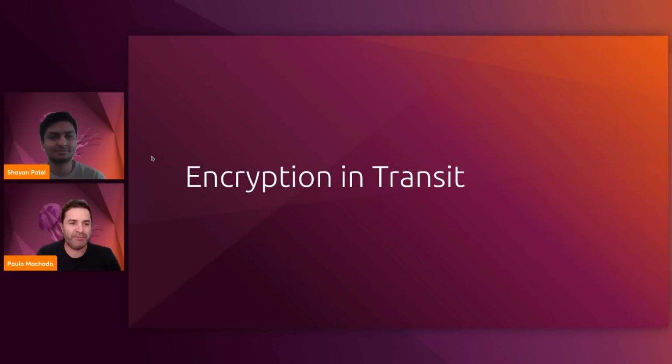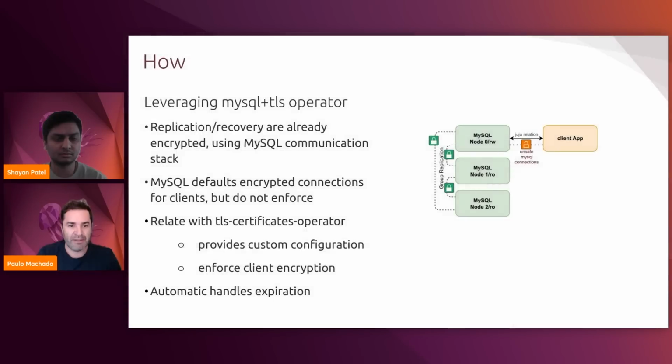Next topic would be encryption in transit. So how do we enable encryption between MySQL peers, MySQL clients, and MySQL router? In the Charm ecosystem, we have a very handy charm called the TLS certificates operator.